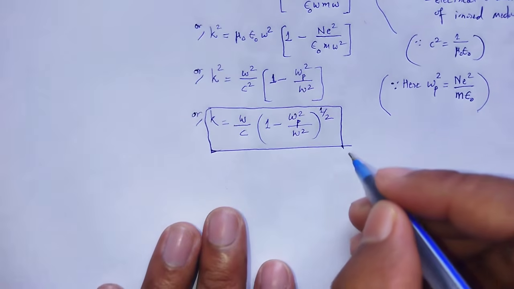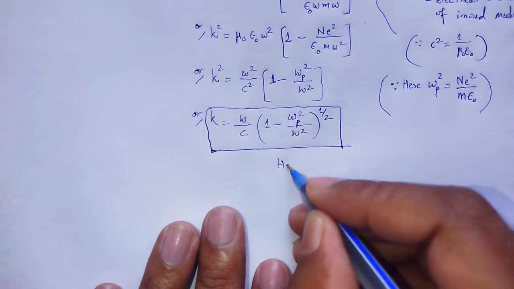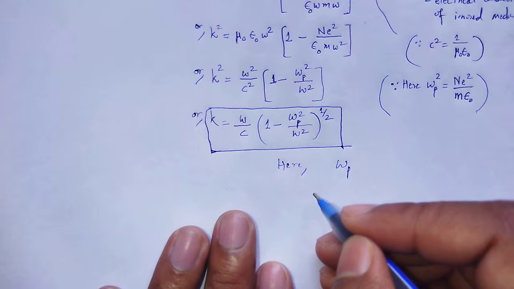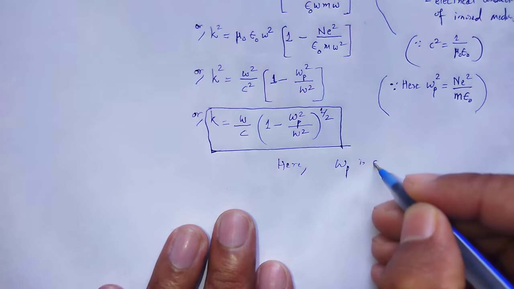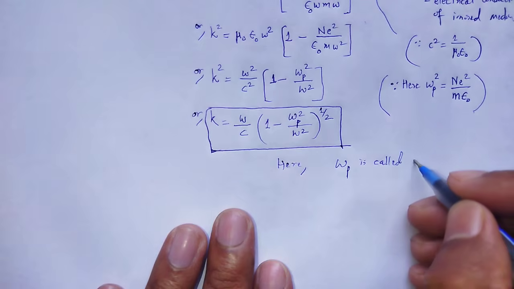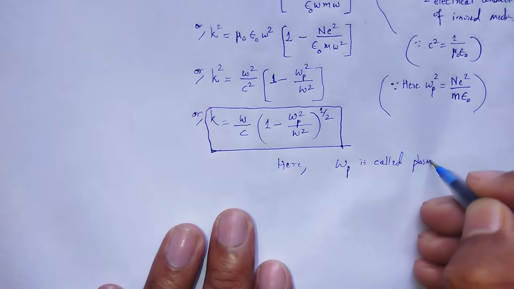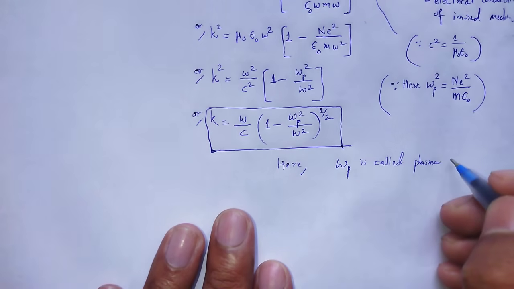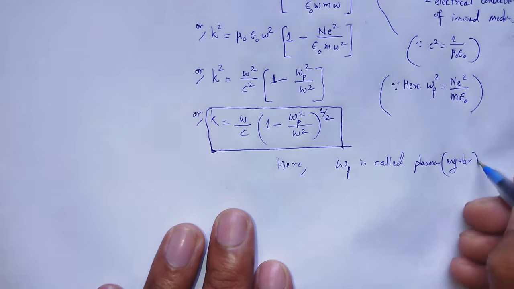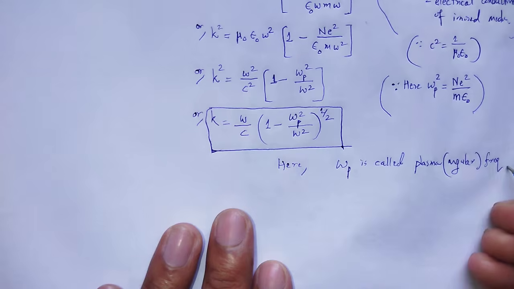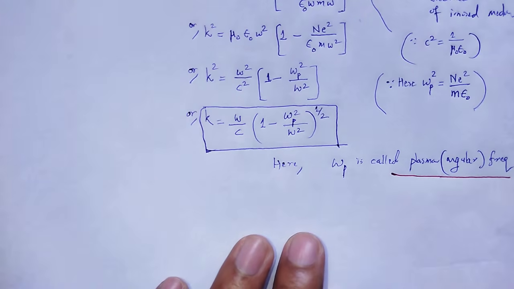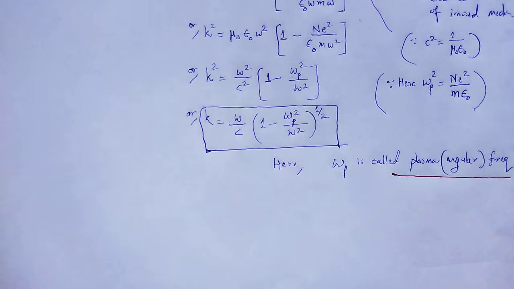Here the term omega p is called the plasma frequency, the angular plasma frequency.